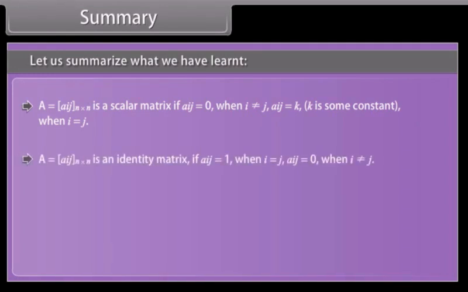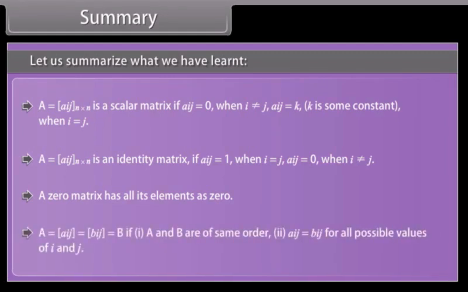A = [aij] n by n is an identity matrix if aij is equal to 1 when i is equal to j, aij is equal to 0 when i is not equal to j. A zero matrix has all its elements as 0.